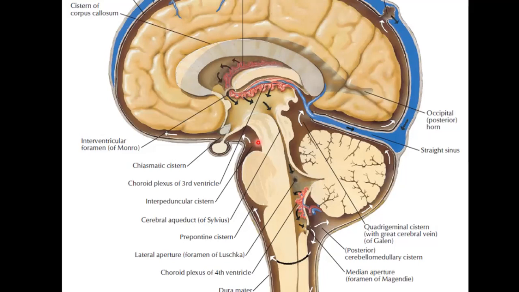It is diamond shaped, not a diamond. It has, how many boundaries? 1, 2, 3, 4. It has 6 boundaries. Okay. Then you have your chiasmatic cistern here. Okay. Then you also have another cistern here known as the quadrigeminal cistern, which contains the great cerebral vein of Galen. Okay.